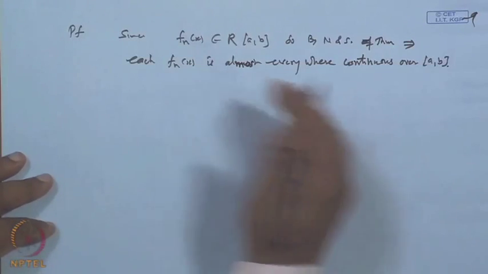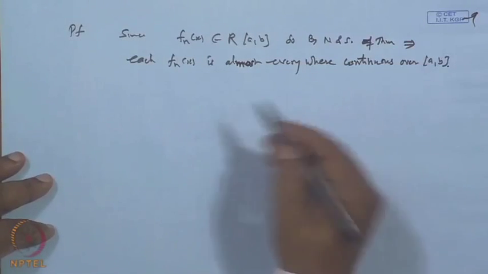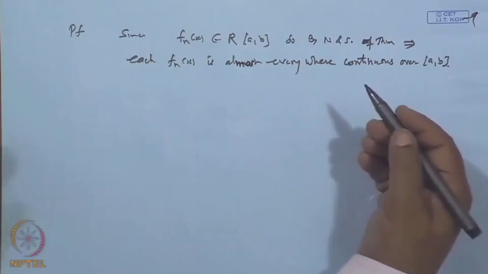Okay. So, it means the points where it is discontinuous will form a set of measure 0.